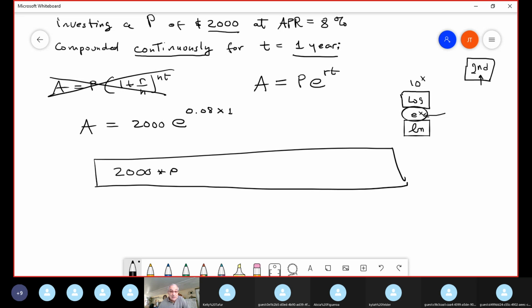Look, E power, parenthesis. You put inside 0.08 times 1, no, because 1 is invisible. It's 0.08. Close the parenthesis and end the story. Bang.